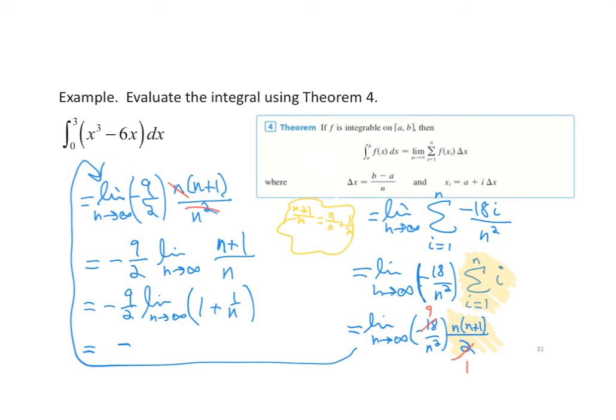So that gives me negative 9/2. That's the exact number for the area under the curve of this function, x cubed minus 6x from 0 to 3. Now you should be wondering, why am I getting a negative number for area? Something seems wrong here, but I'll help you out with that in a moment.